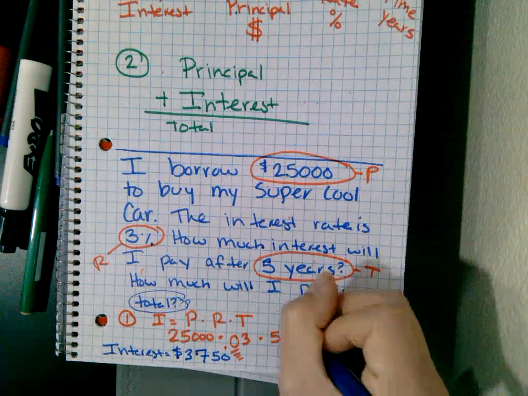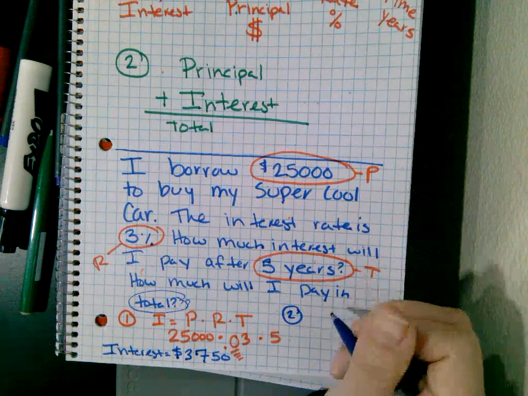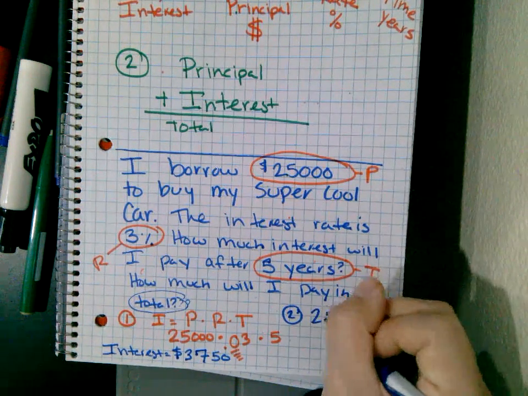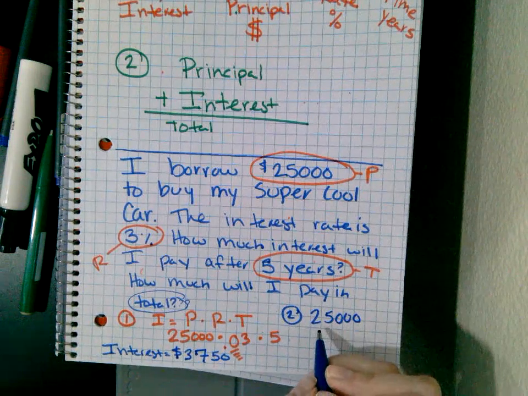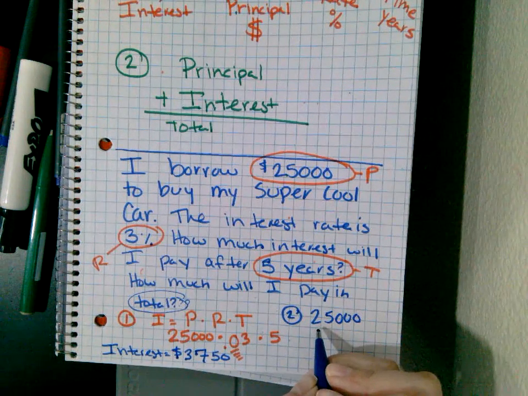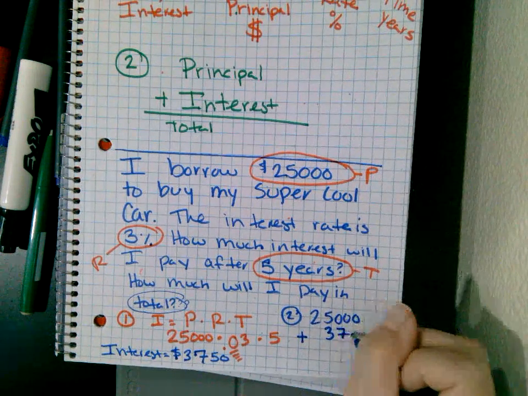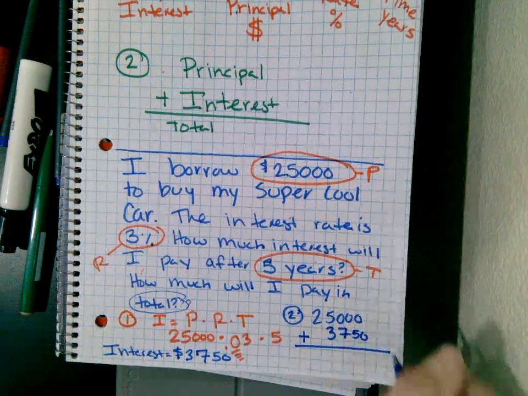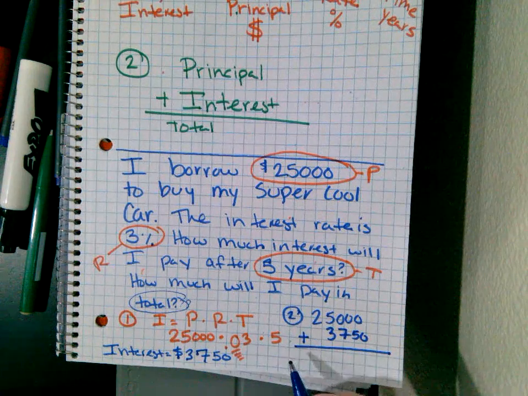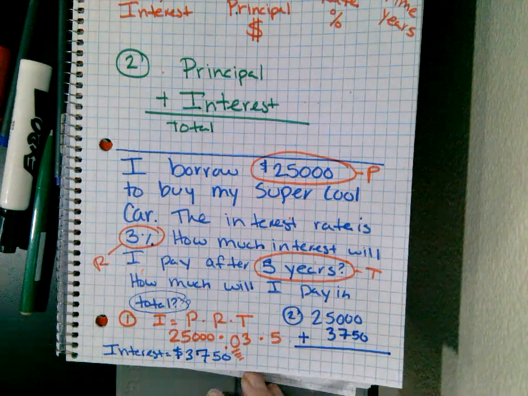No. To find the total, you have to add 25,000 plus 3,750. Yep. You add what you borrowed, which is 25,000, plus $3,750. So we're gonna add these two because I borrowed 25,000. Guess what?